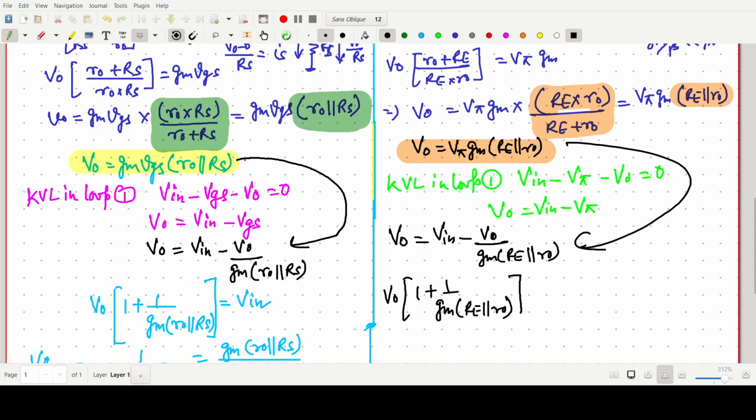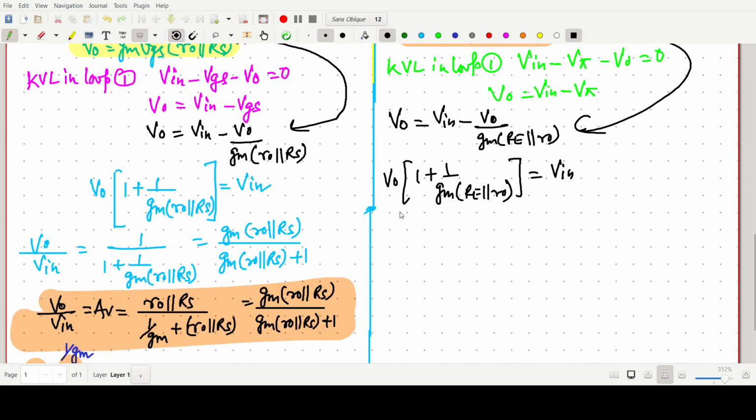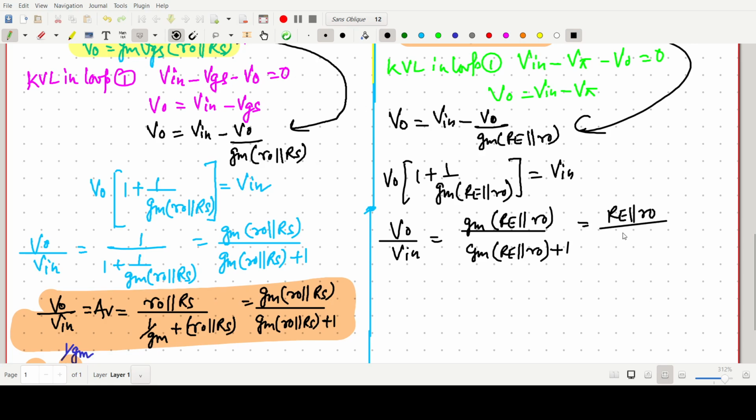If we solve in a very similar manner, we will get V naught by V in equals gm (RE parallel with R naught) by gm (RE parallel with R naught) plus 1. Or we can write it as RE parallel with R naught divided by 1 by gm plus RE parallel with R naught.